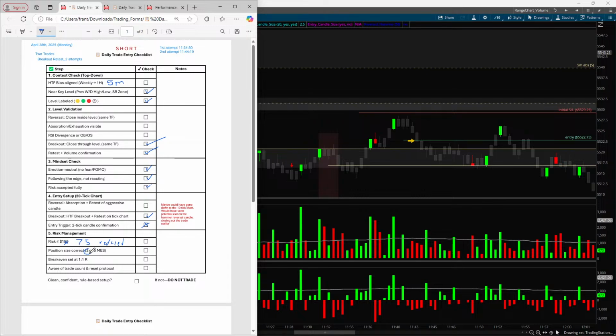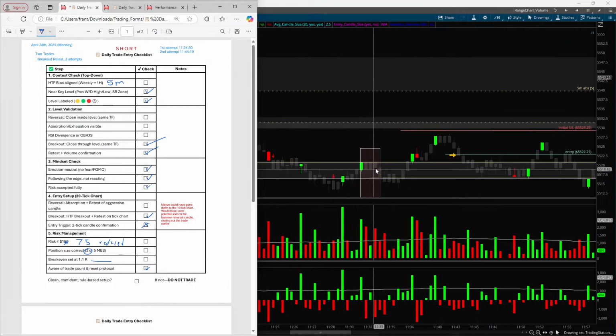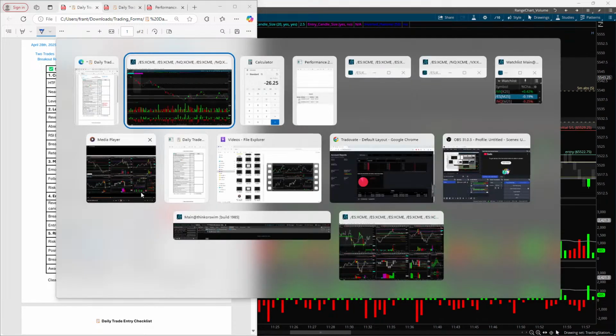I went to 3 MES. I didn't get a chance to go to break even. I got stopped out, and I was aware of that. I only took 2 trades. Like I said, I was not guiding myself to try to take multiple trades. Alright, so that's that.